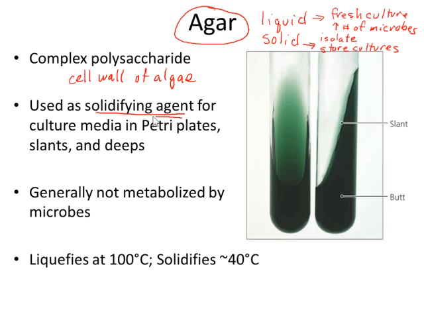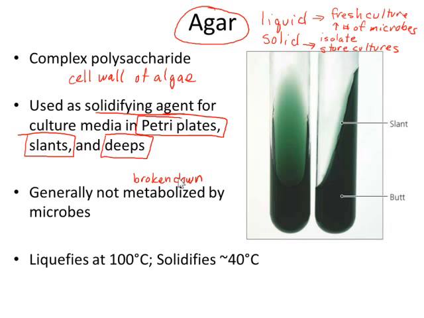We often find solid media in petri plates. We can use them in media called slants and even use it to cultivate anaerobes using agar deeps. Now, the reason that we can be so successful using agar is agar cannot be broken down. That's what metabolized means here.